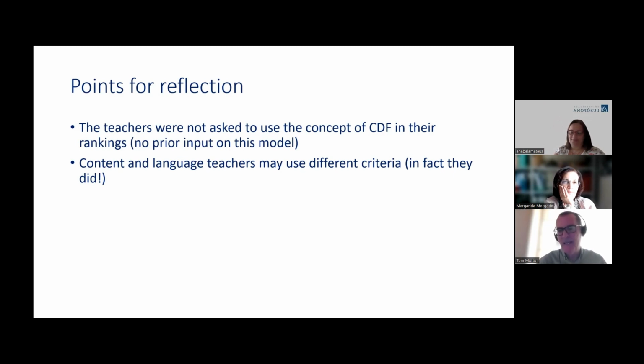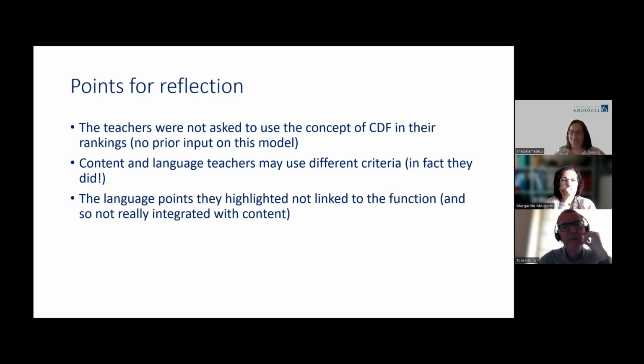But if you're involved in professional development of teachers, we all know that we have to get buy-in from the teachers. We have to win them over, sometimes to different ways of thinking about things. We found in general, and we do find this quite a lot, that very often, if we don't have this idea of cognitive discourse function, the language points that can be highlighted are not linked to the function so much.